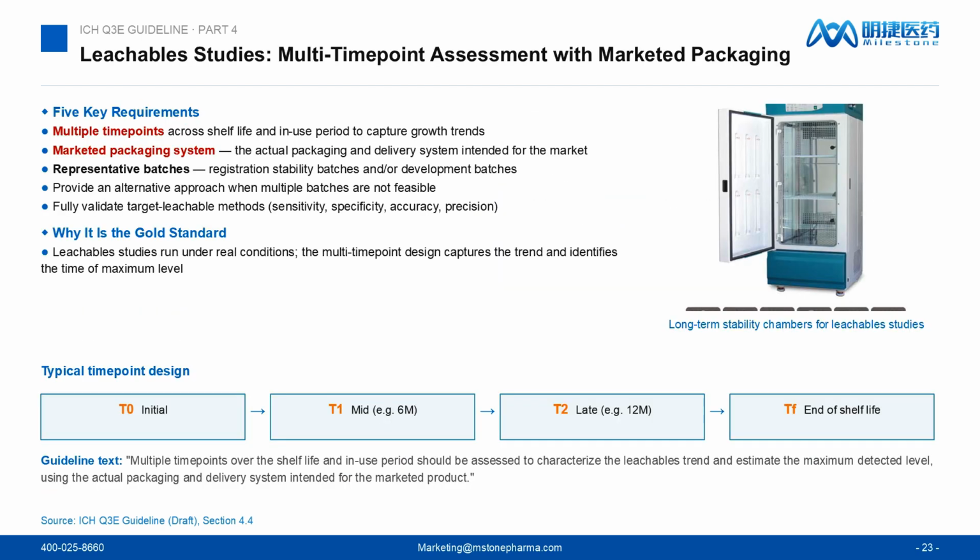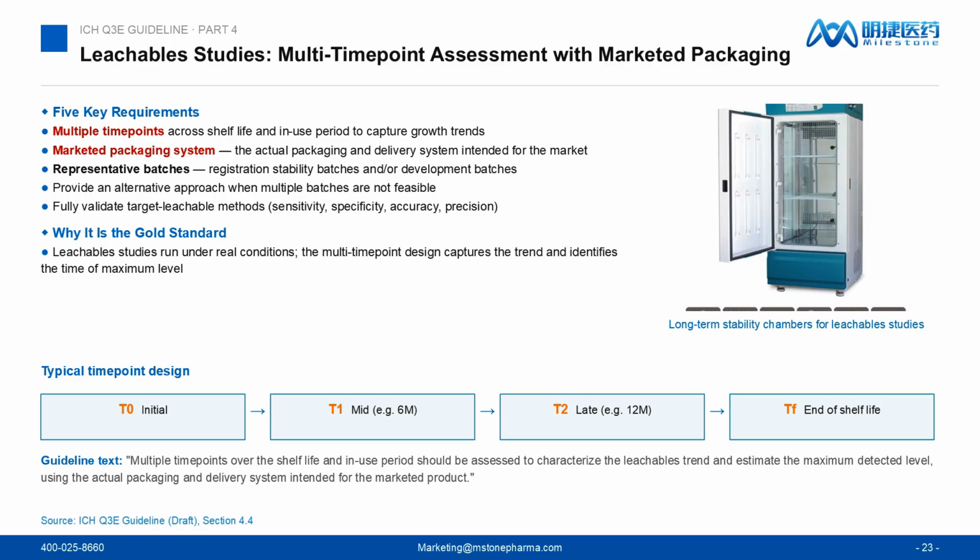Now the gold standard, the leachable study. If the extractable study is a stress test, the leachable study is the real marathon, your actual product, in its actual packaging, under actual storage conditions, over time. 5 requirements define a proper study. 1. Multiple time points. A single end-of-shelf life measurement is not enough, because leachables grow over time and the trend tells you whether the curve is still rising or has plateaued.